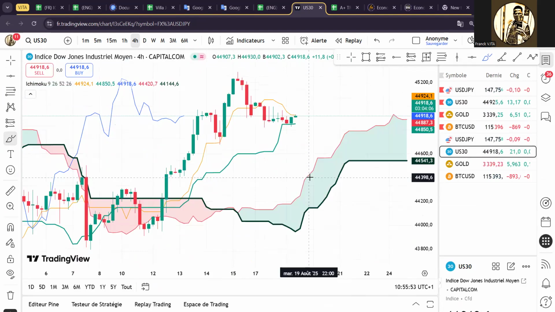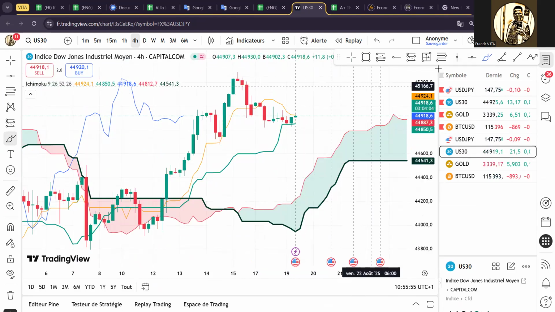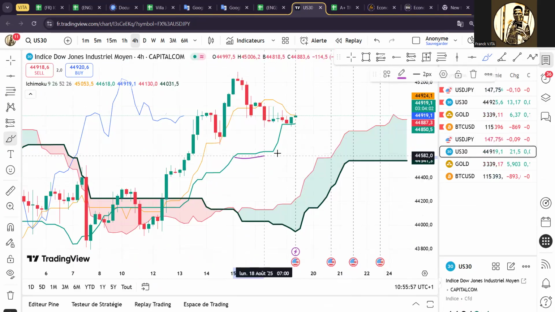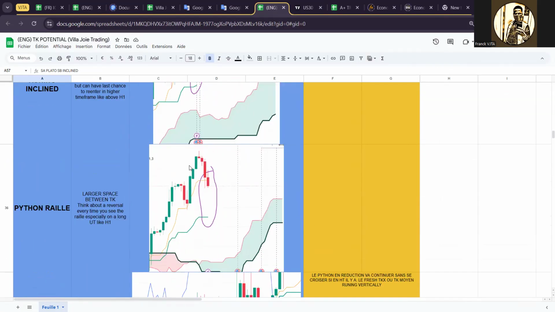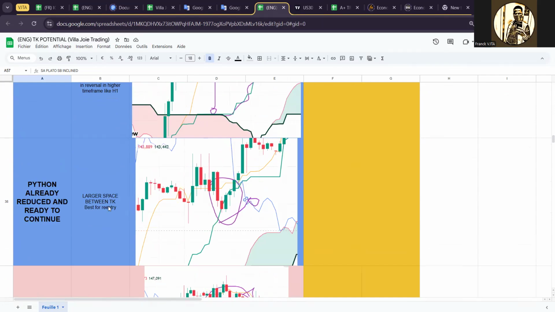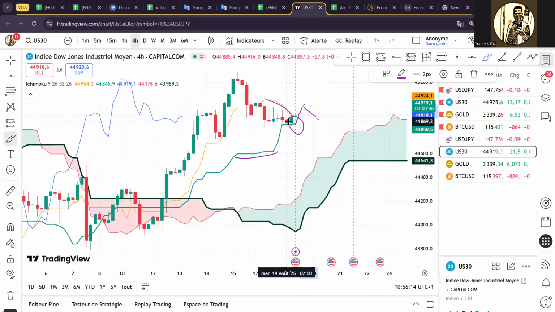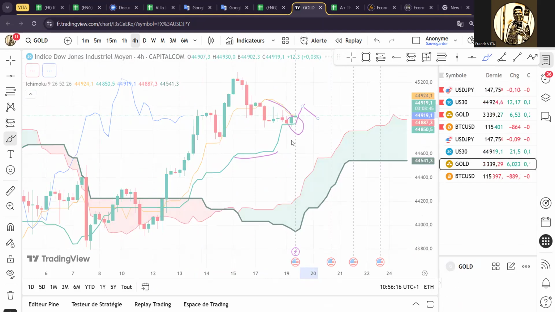So that's the speed here. But for this one, we have what? A Python that is in reduction, that is already reduced and can give you a buy. That is a Python that is already reduced and ready to continue, like this one for Dow Jones.